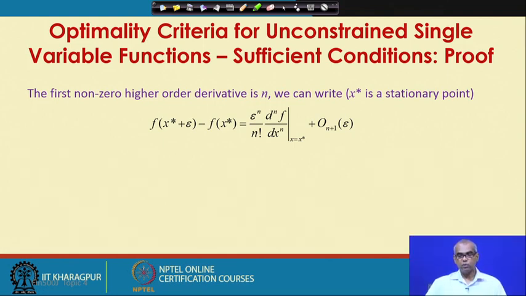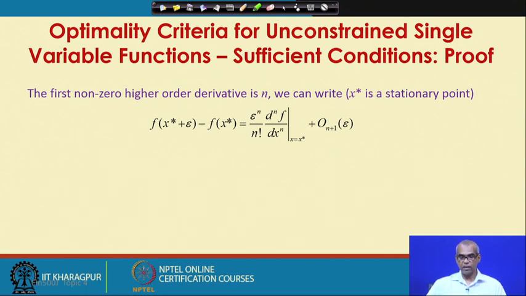Now, let us talk about higher order sufficient conditions. What happens when the first derivative is 0, second order derivative is 0, third derivative is 0, and so on and so forth. So, we keep on taking higher order derivatives, and the first non-zero higher order derivative is n. So, nth order derivative is the first non-zero higher order derivative.